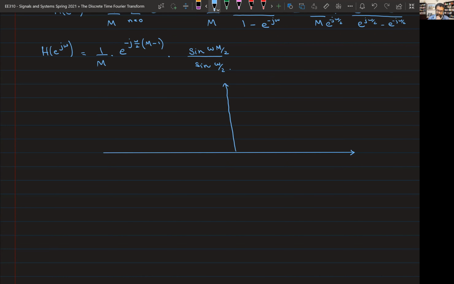So let's take the magnitude. When I take the magnitude, this term just goes away because its absolute value is just 1. All I'm going to be sketching is the absolute value of this thing here.